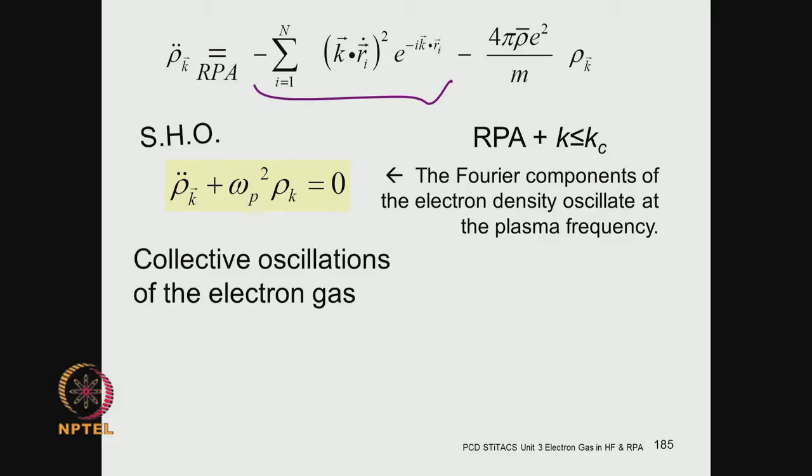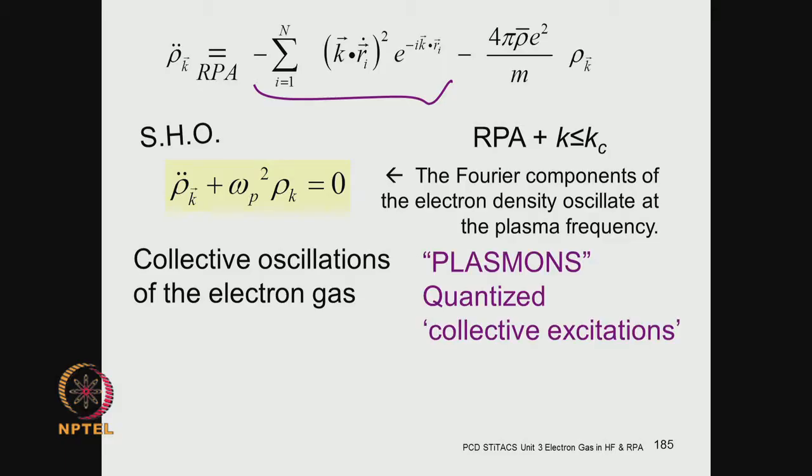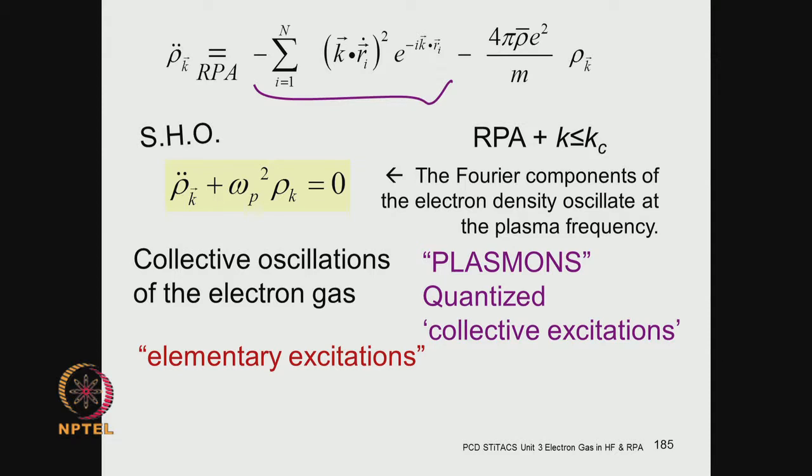These are collective oscillations as such. If you quantize these oscillations, then you have what are called plasmons, or these are actually pseudo particles. So, these are sometimes also called elementary excitations of the electron gas. Okay? An elementary excitation means it is a collective behavior of the many particle system. The fundamental particles of nature of course are electrons. Plasmons are not fundamental particles of nature. Okay?